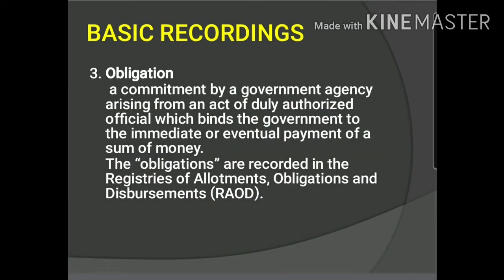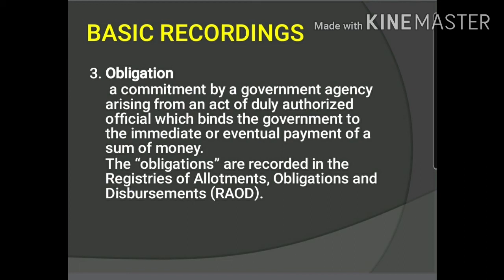3. Obligation. A commitment by a government agency arising from an act of a duly authorized official which binds the government to the immediate or eventual payment of a sum of money. Obligations shall be incurred through the issuance of Obligation Request and Status (ORS).